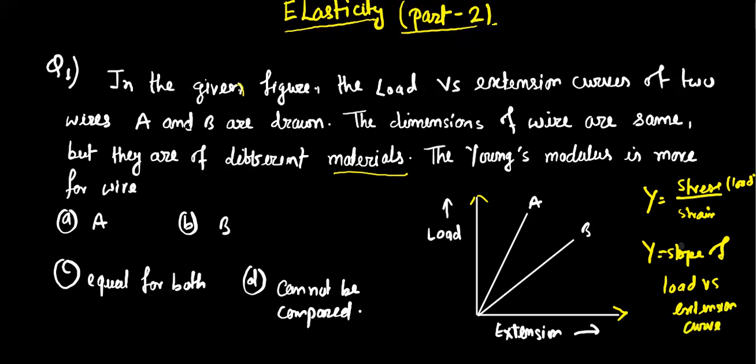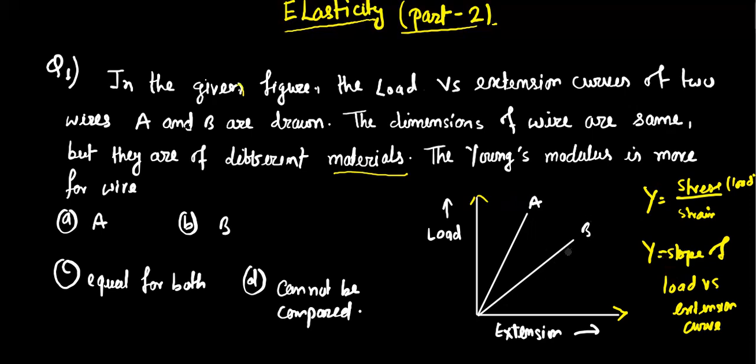That means if the slope of a particular curve is more, it directly represents that the material having that curve has maximum Young's modulus.